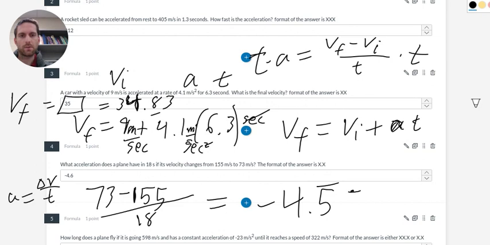That's the same thing as 4.55, but we actually round here, x point x, so 5 rounds up, so we get 4.6, or negative 4.6. And that's acceleration, so meters over second squared.